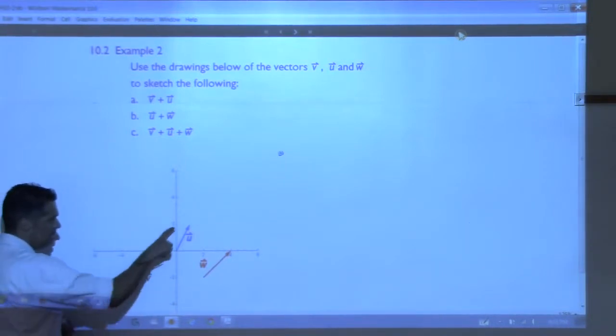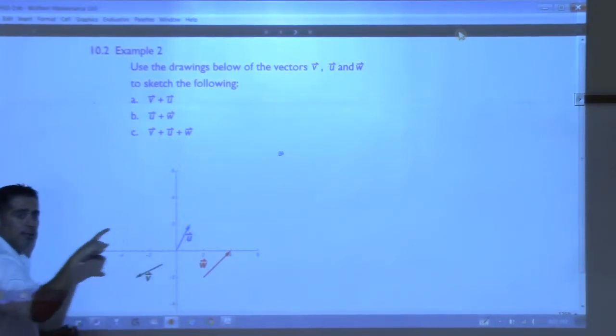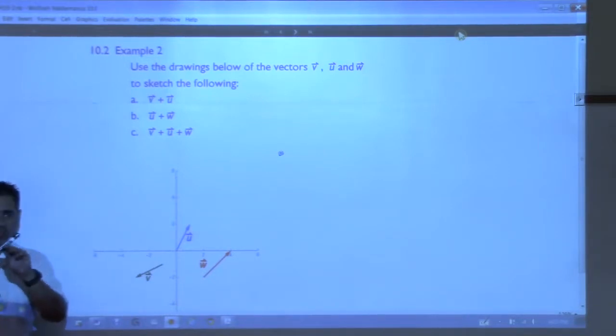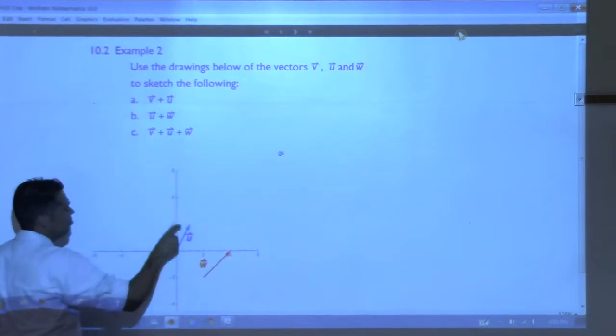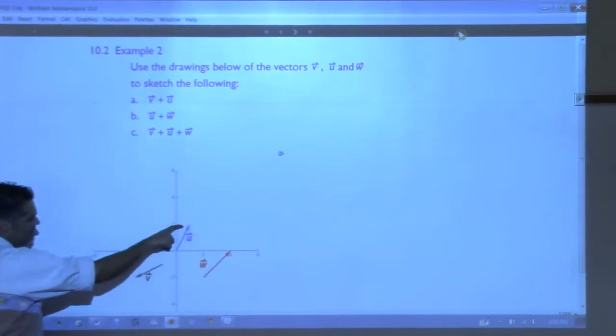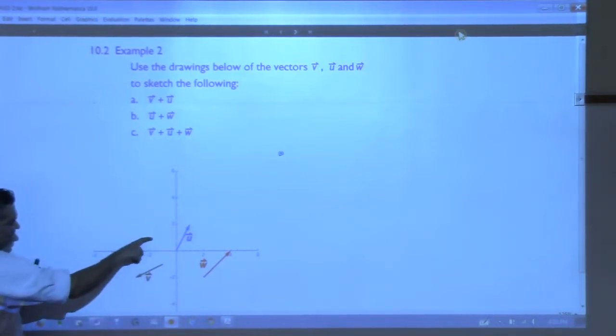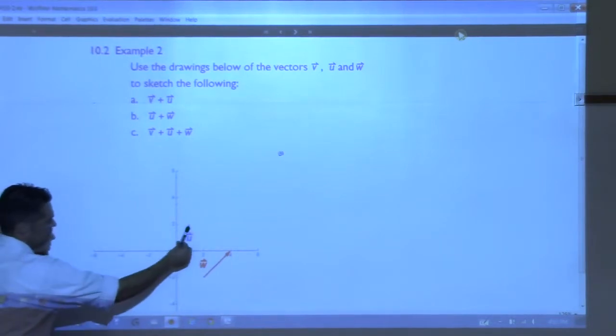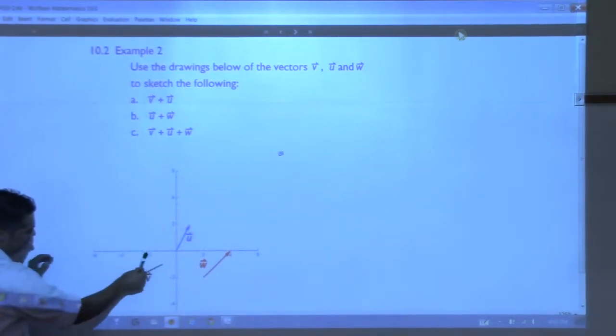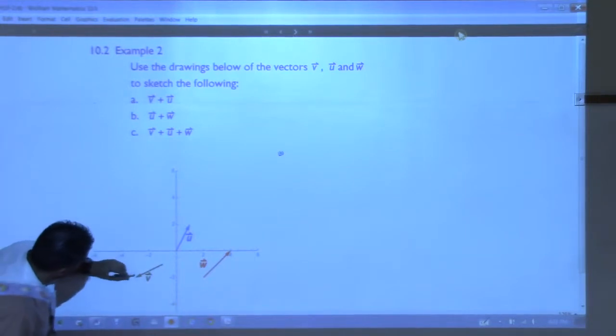Take u, and remember I can move u around. I just can't change its length or its direction. So if I want to draw the vector v plus u, then I'll take u, slide it over here, and slide it down like this. So over, down. It'll look something like that. That's u.